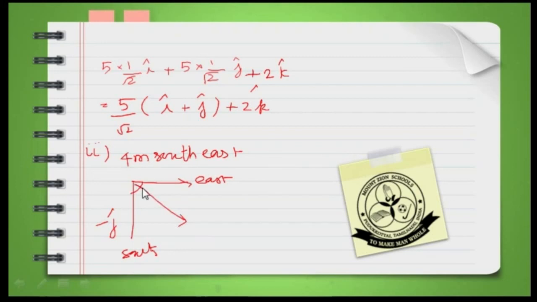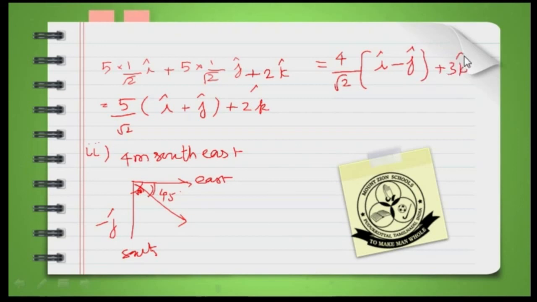Here it makes 45, not this. Only this is 45. So this time again, following the same steps, the components are 4 by root 2, what would that be? i cap minus j cap. Also given that 3 meter up. That would be the answer.